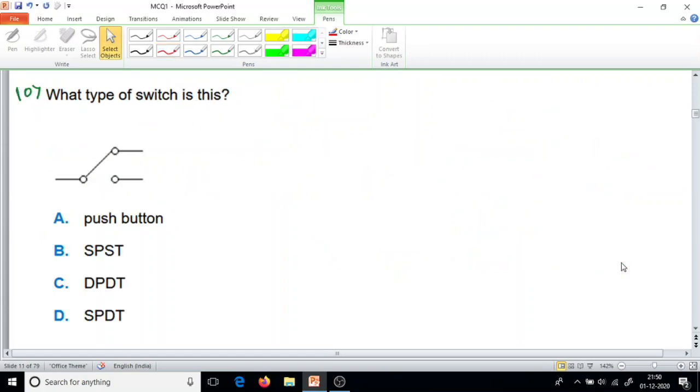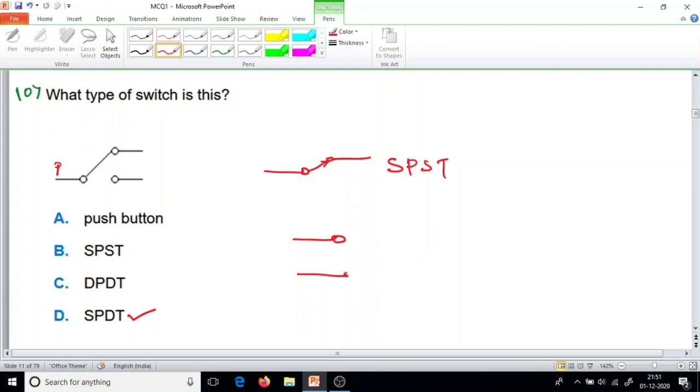Then we go to the 10th question. What type of switch is this? See, this is the pole. This is a single pole double throw (SPDT) switch. Now this is a single pole single throw (SPST) switch.